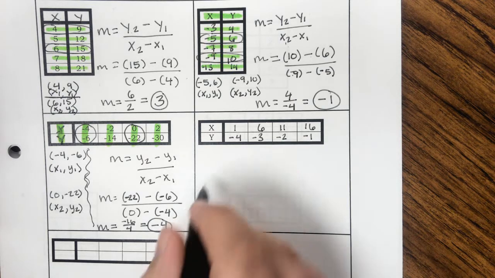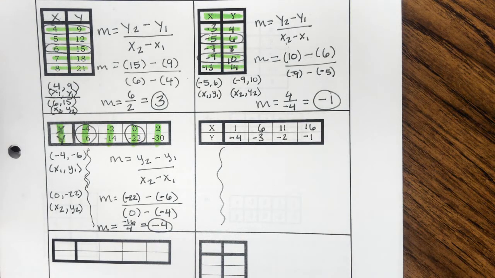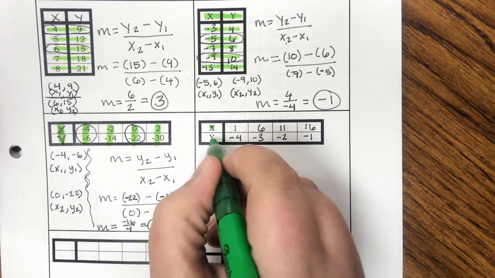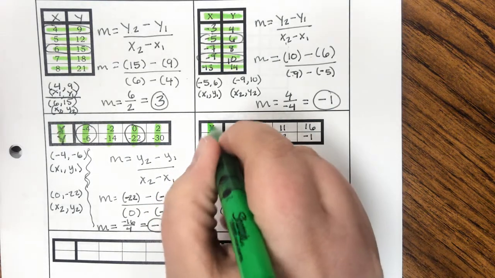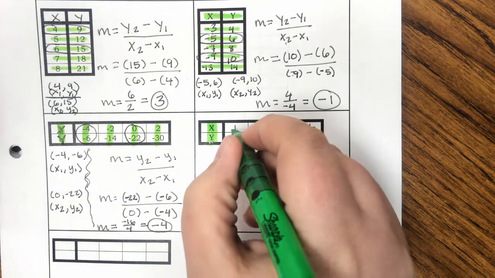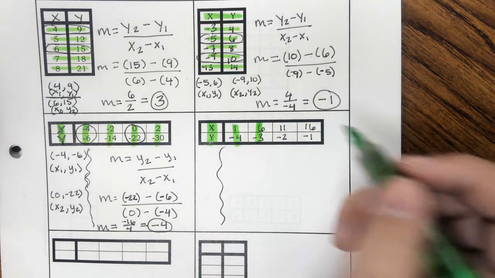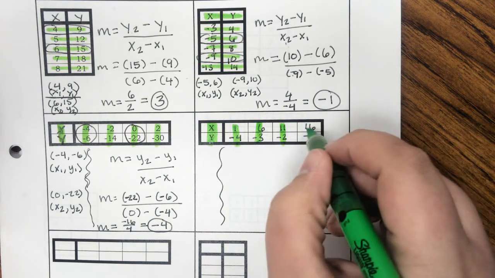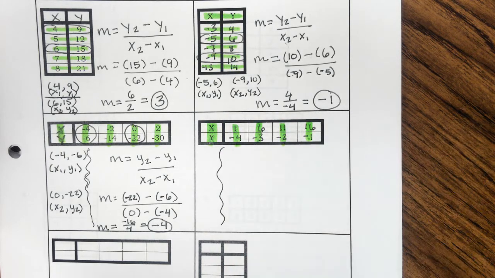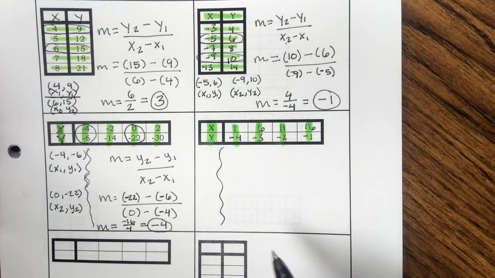Okay. Find the matching x and y. Here's x and here's y that go together. So your ordered pairs are read up and down in this table. 1, negative 4 is an ordered pair, 6, comma, negative 3, 11, comma, negative 2, 16, comma, negative 1. To use the slope formula so we can find the slope here because we don't have a graph, we need 2 ordered pairs.